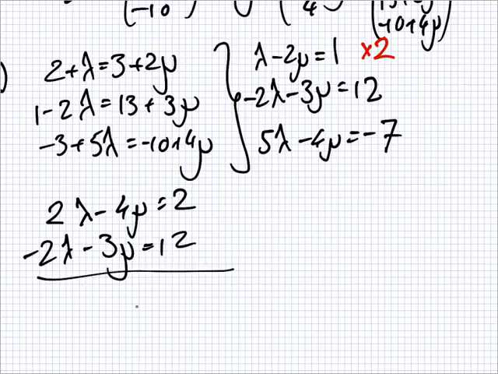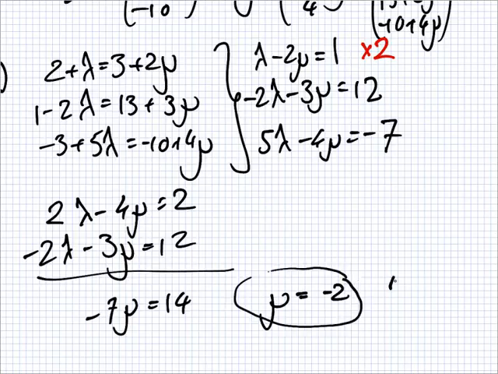We add these together, we get minus 7 mu equals 14. Great, what does mu equal? Minus 2. And then what will lambda equal? Well, if that's minus 2, that's plus 4. 1 minus 4, minus 3.